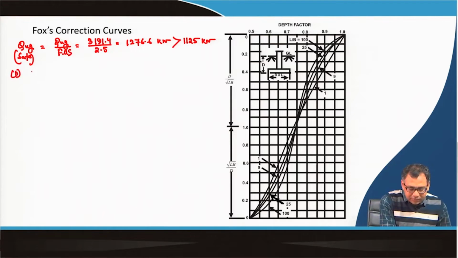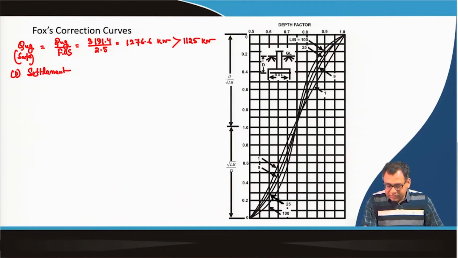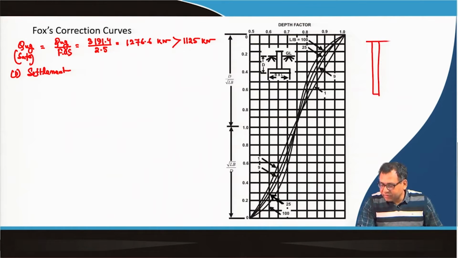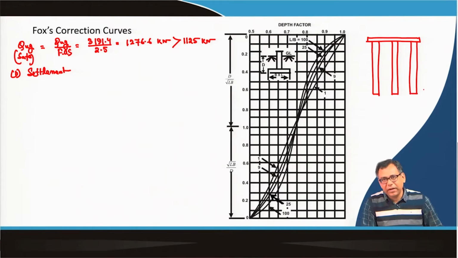So, for the settlement consideration, this is the pile group, and we have mentioned here in the question that the soil extends to a greater depth, the extension of the soil layer. So, that means here we consider it is a homogeneous soil.